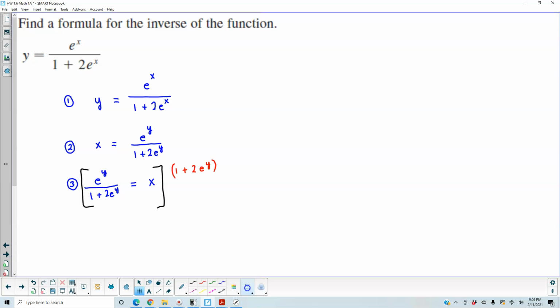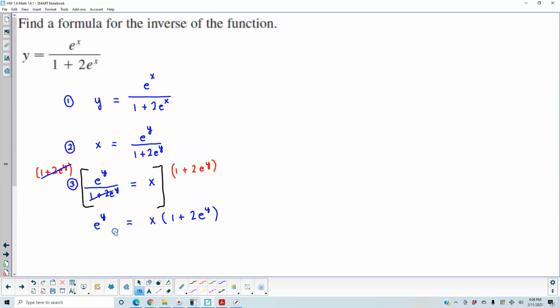And the same thing on this side, 1 plus 2e to the y. And so therefore what that does is that eliminates the denominator here. So we have e to the y, and then that's going to equal x times 1 plus 2e to the y.